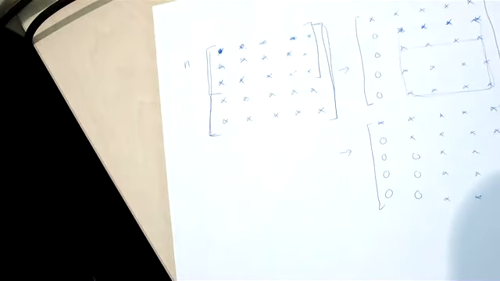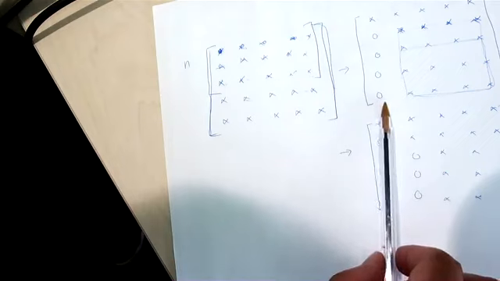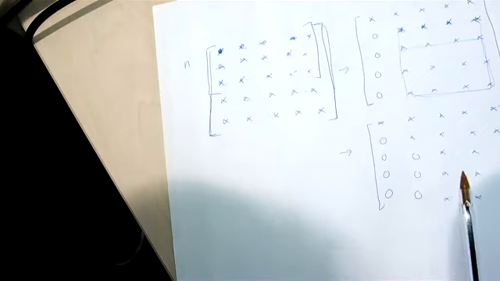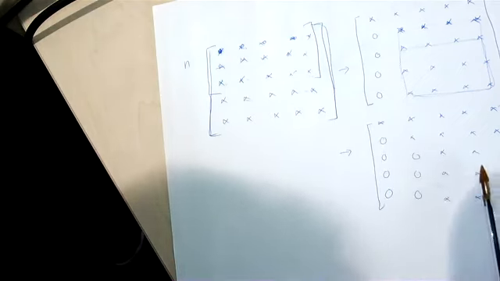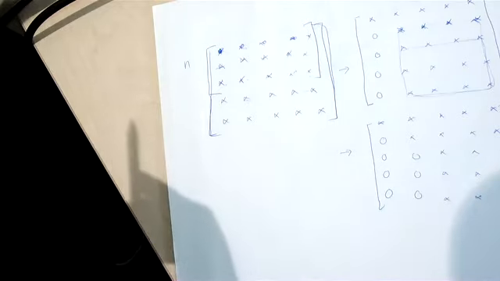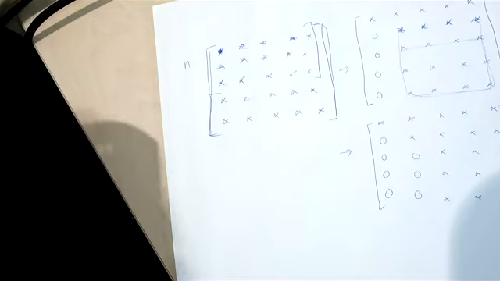You see the process. The process is, at first you want to make this one 0, and after that you make this one 0, and after that those are 0, and so on. Okay, so now we have to count the number of operations.